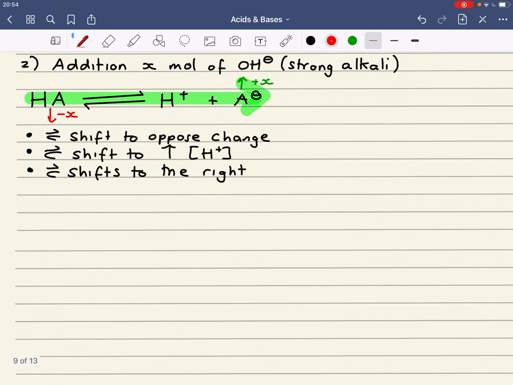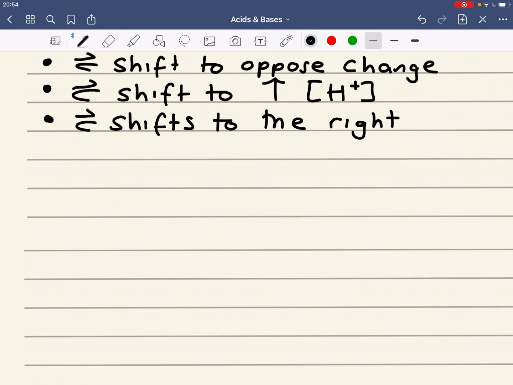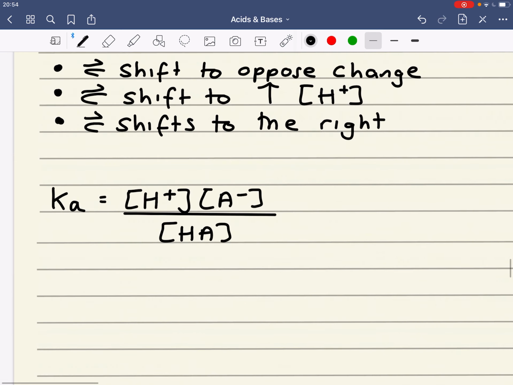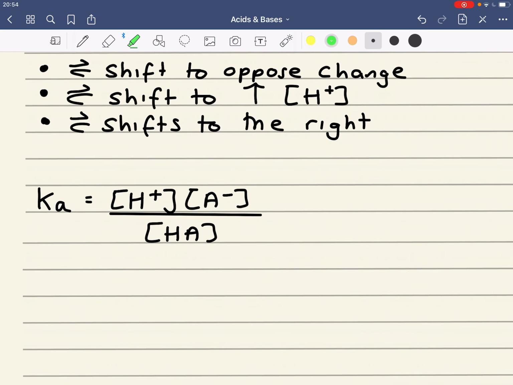Now, when we're working out the pH of a buffer, this is how you do it. The Ka is equal to H plus times A minus over HA. And what we've got to do is rearrange this equation in order to produce this. Now, this is not a weak acid.